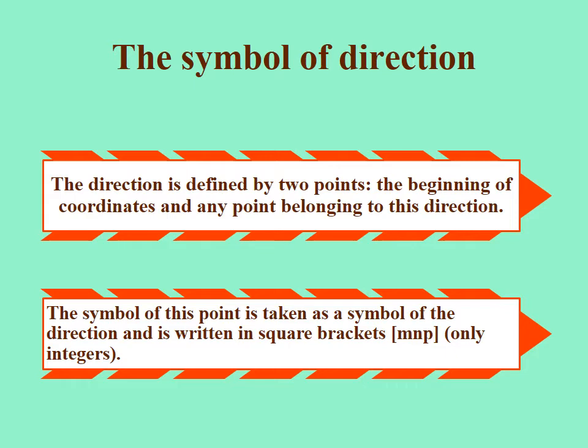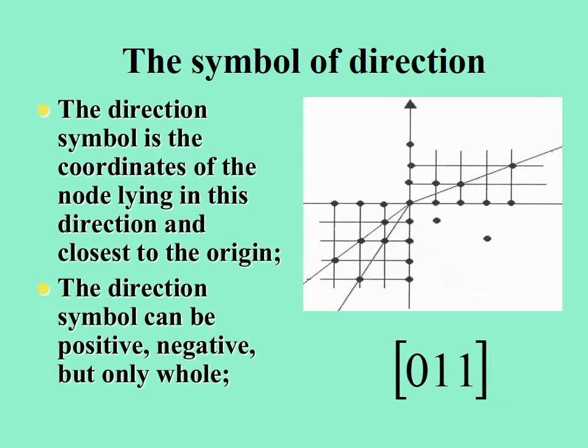A series, or a unit line such as a crystal rib, is characterized by its slope in the selected coordinate system. If the series doesn't pass through the origin of coordinates, we mentally move it so that it passes through the origin.